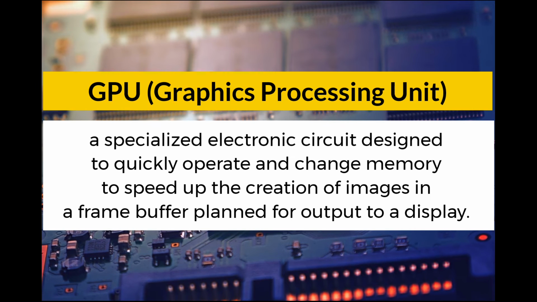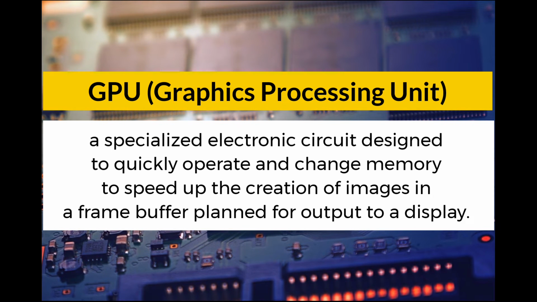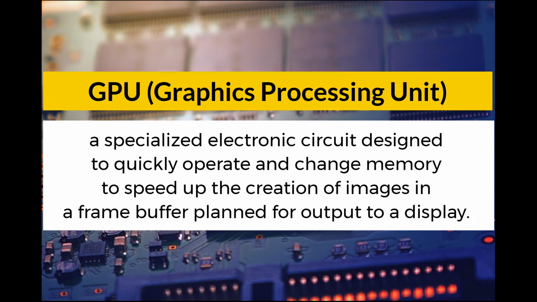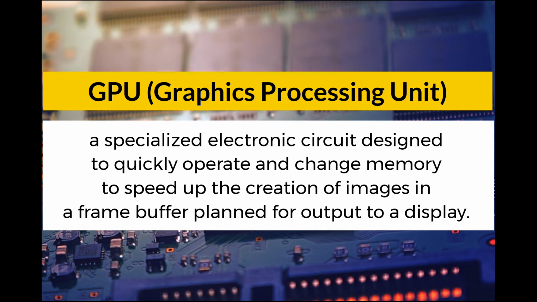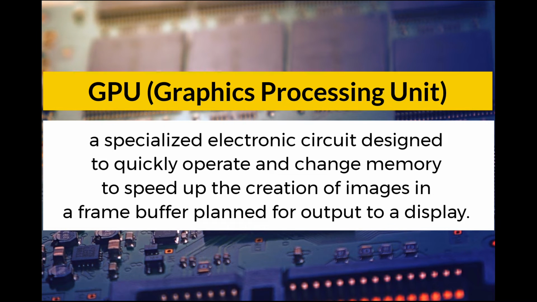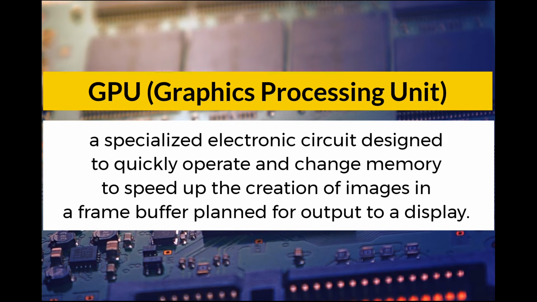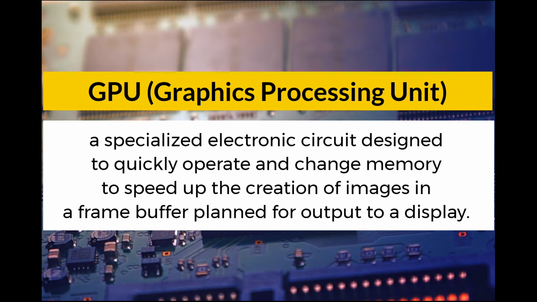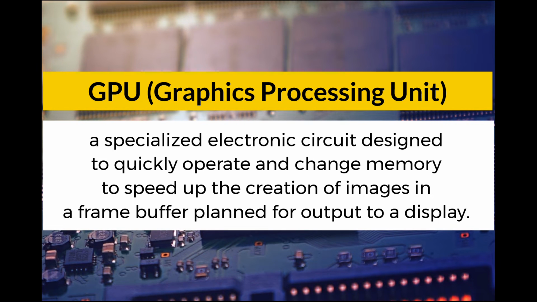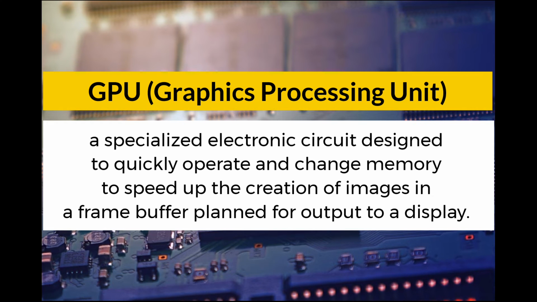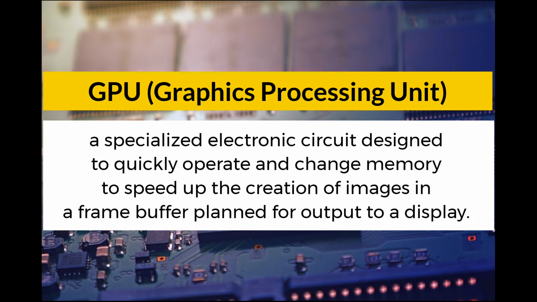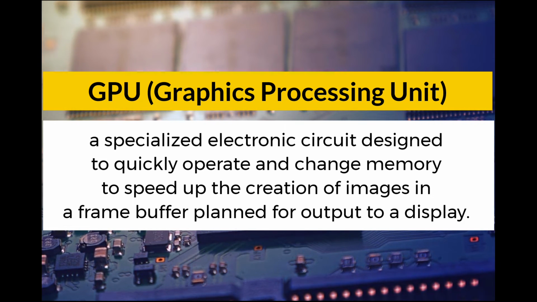When you learn about the CPU, knowledge about the GPU, or the graphics processing unit, is also important. That is a specialized electronic circuit designed to quickly operate and change memory to speed up the creation of images in a frame buffer planned for output to a display.